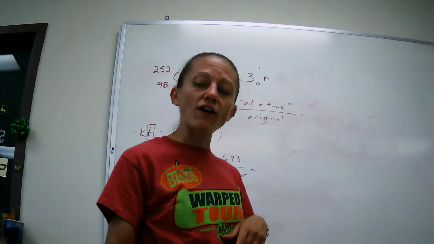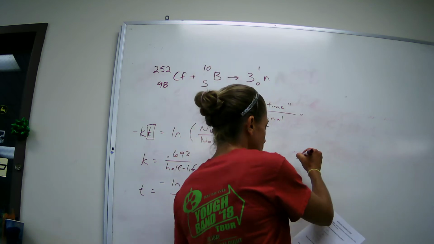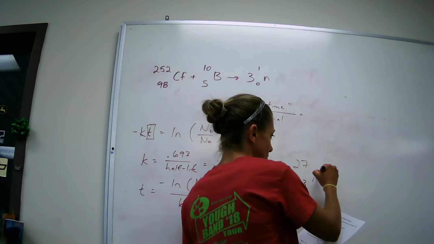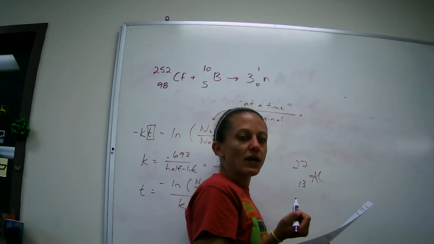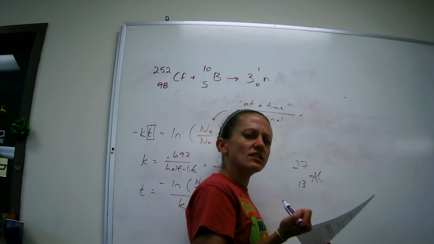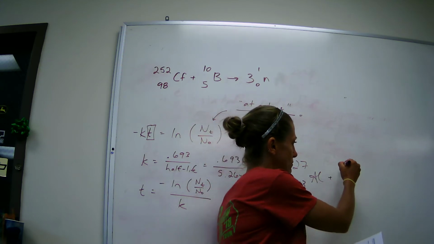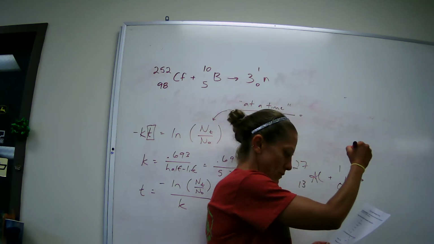So if you want to try figuring out what particle is emitted in that transmutation, go for it. Hit pause, I'm going to do it. So I got 27, 13, aluminum. That's a stable nucleus. That's periodic table ready. So I must have to do something to it, just like the eraser sitting on the desk. So it says I hit it with a neutron. Mass, no charge, neutron? Yeah.